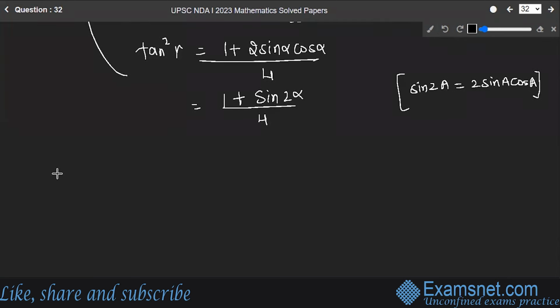So secant square gamma, which was equal to 1 plus tan square gamma.